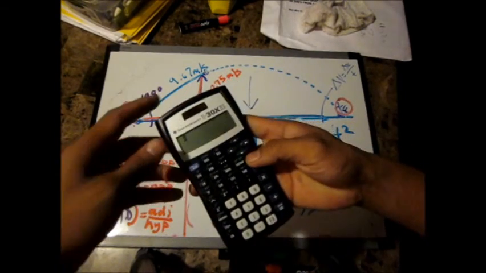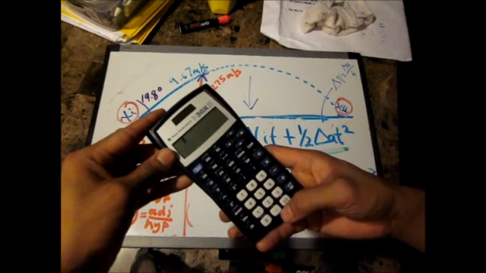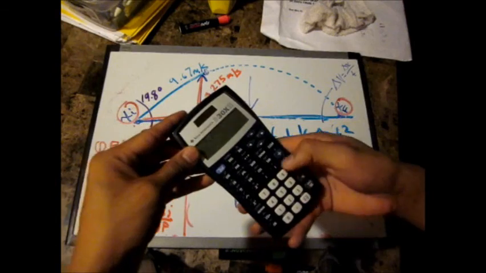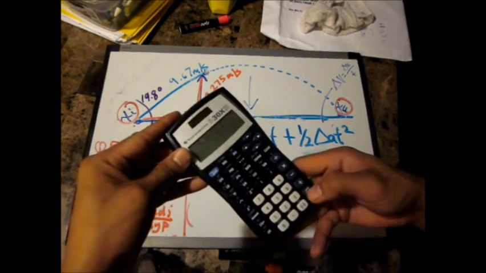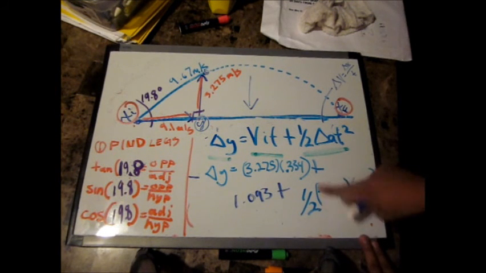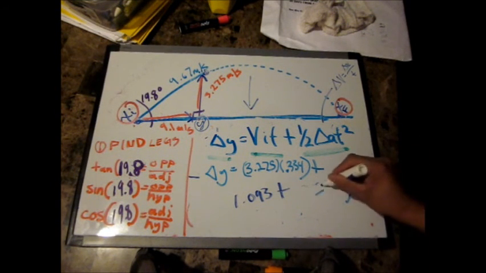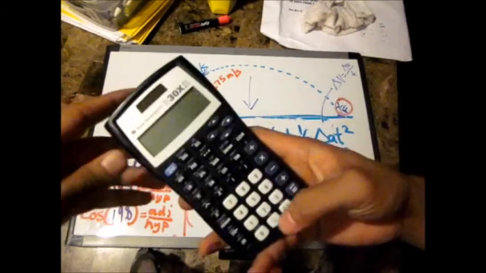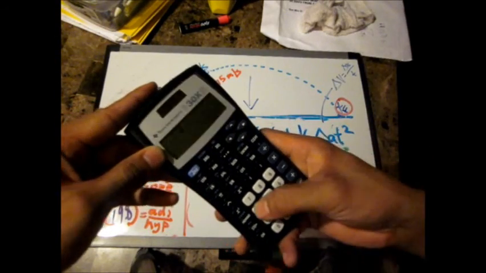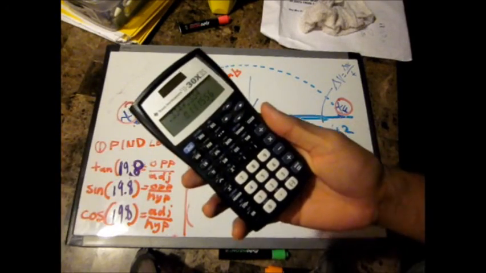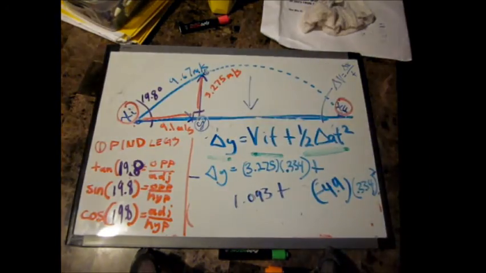Here, we have a negative 9.8 multiplied by 1 divided by 2, basically 1/2. You get a negative 4.9. And you're going to multiply that by 0.334 squared. So let's do that squared part first. 0.334 times 0.334 equals 0.1115.